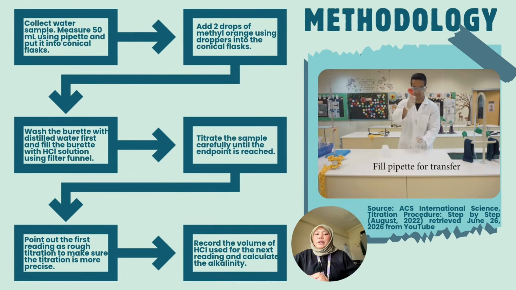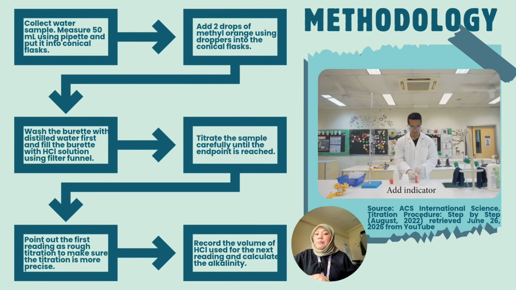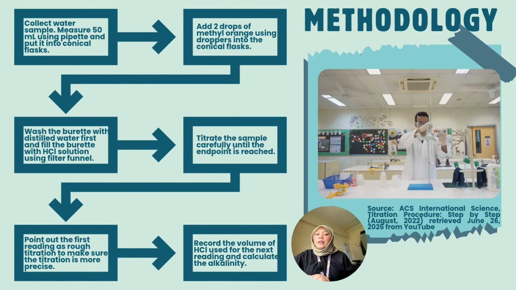This experiment was carried out using the acid-base titration method to determine the alkalinity of the water sample. First, 50 ml of the water sample was measured using a pipette and transferred into a conical flask. Then 2 drops of methyl orange indicator were added. Next, the burette was rinsed and filled with standard HCl solution.